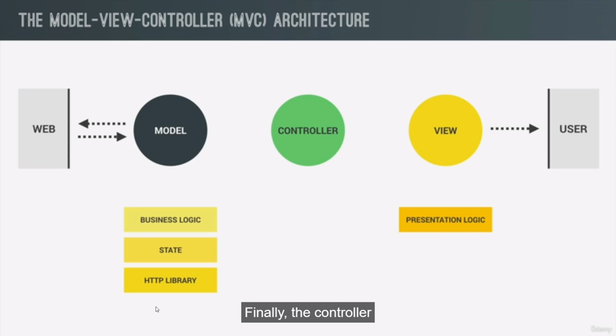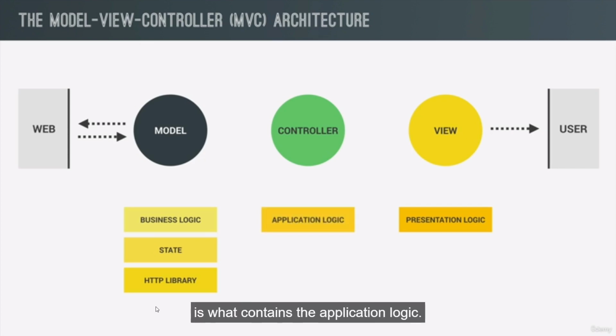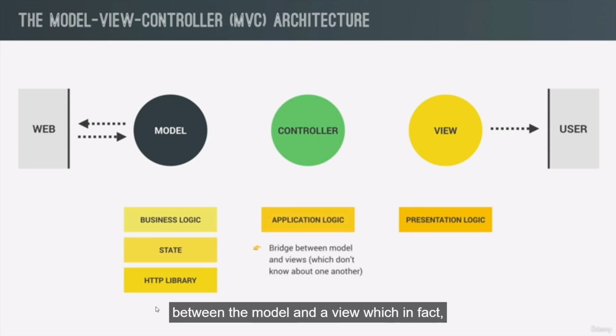Finally, the controller is what contains the application logic, and it kind of sits between the model and the view. So it basically creates a bridge between the model and the view, which in fact should know nothing about each other. So again, the model and the view will exist completely independent from one another, and not even knowing that the other one exists, basically.